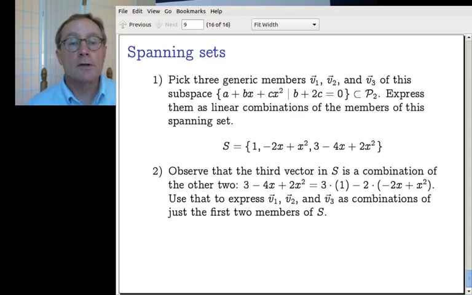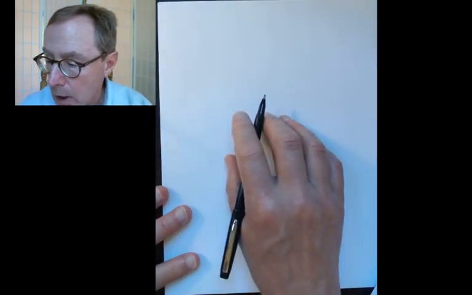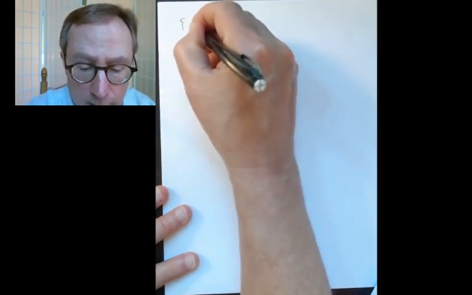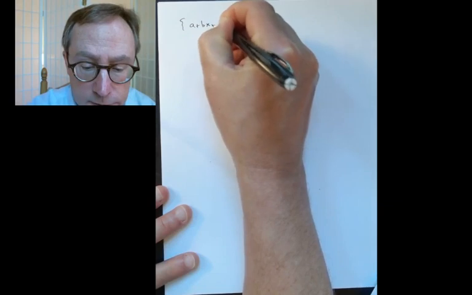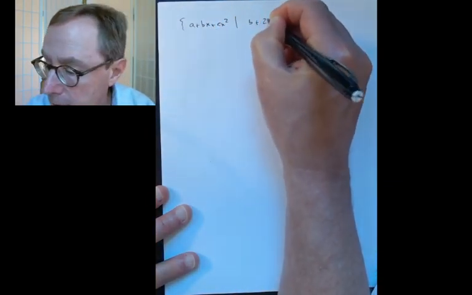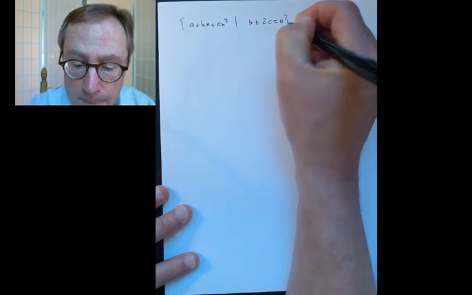That is to say, S is a spanning set for the space. Okay, let's give it a try. So let's see here. The first one from last time, I'd better write down S because I'll forget. So the space is a plus bx plus cx squared, where b plus 2c equals 0.